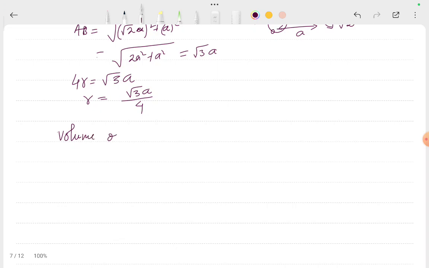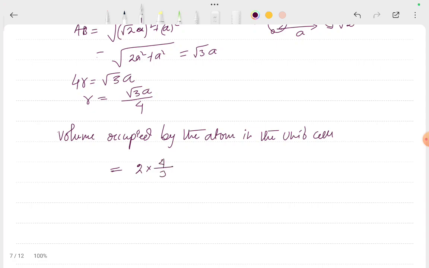Volume occupied by the atom in the unit cell is equal to, there are 2 effective number of atoms, and each atom has a volume 4/3 pi r cube.